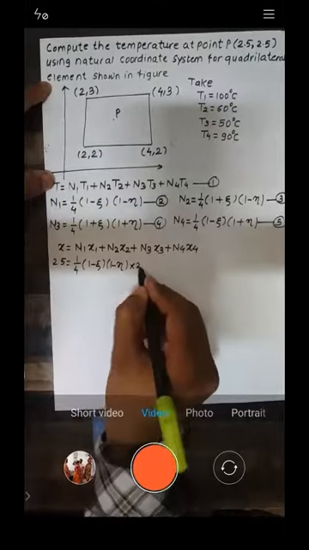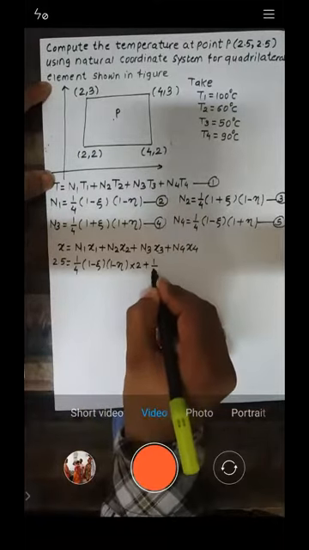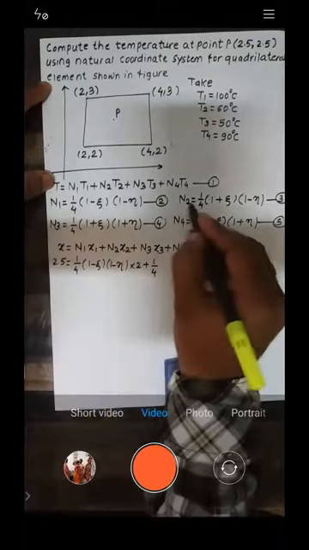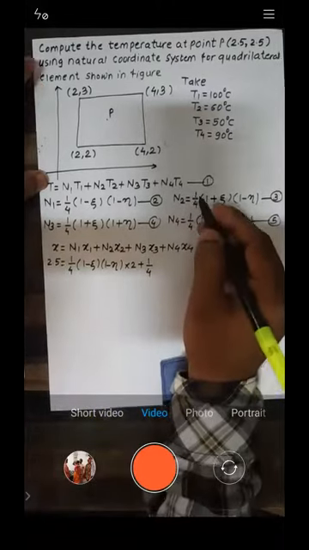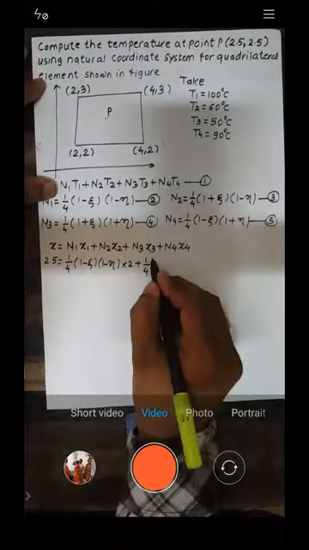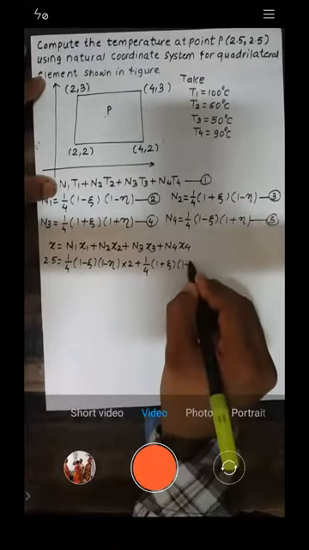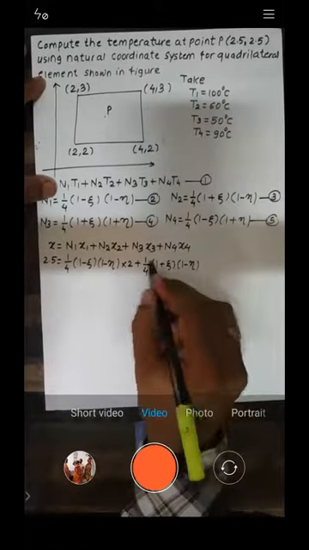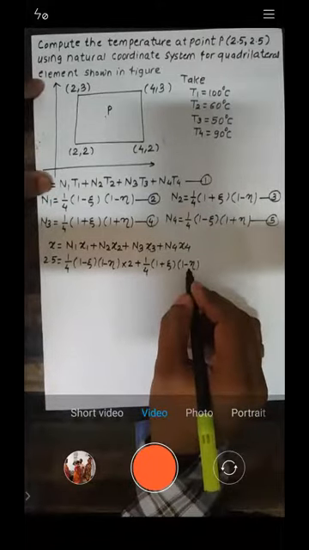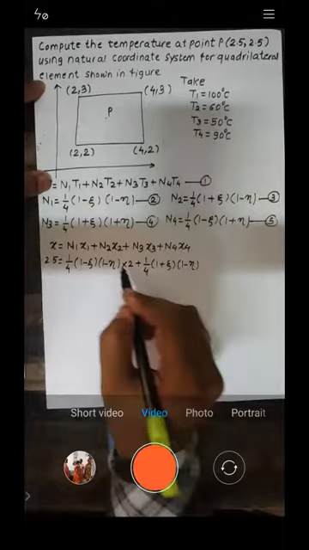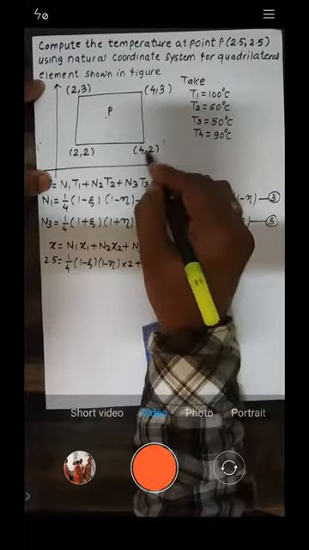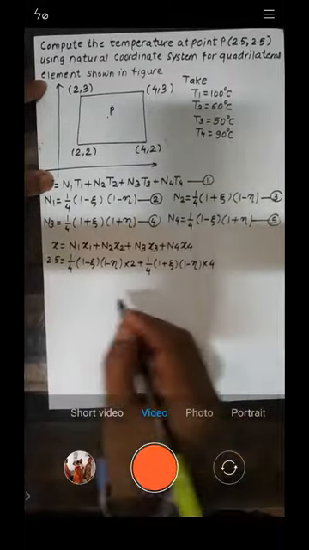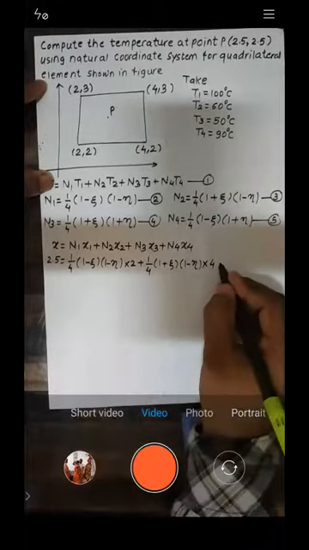Plus N2, which is 1 by 4, 1 plus zeta, and 1 minus neta. This is N2 into X2. What is X2? It's 4. Then plus 1 by 4.